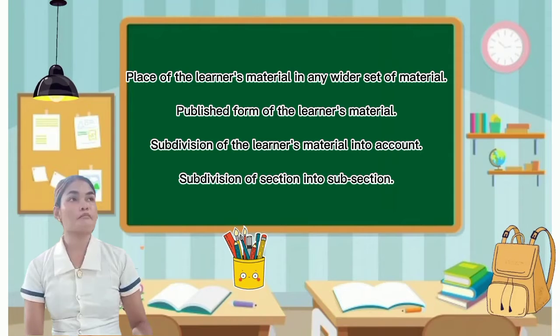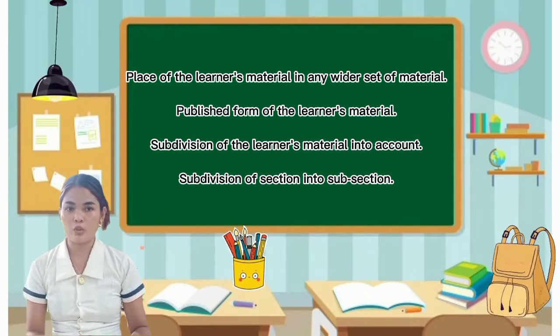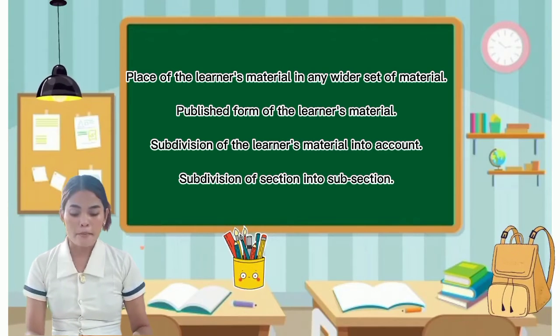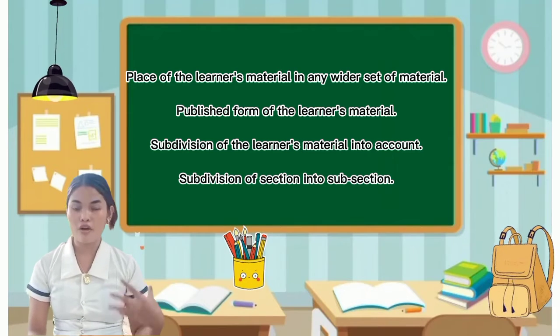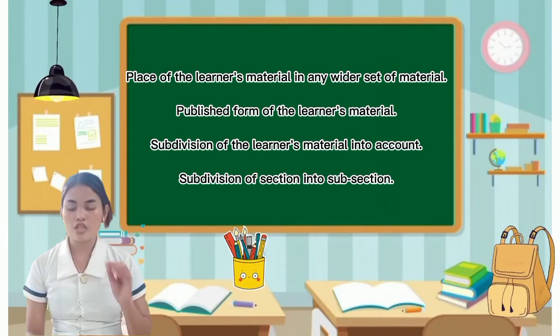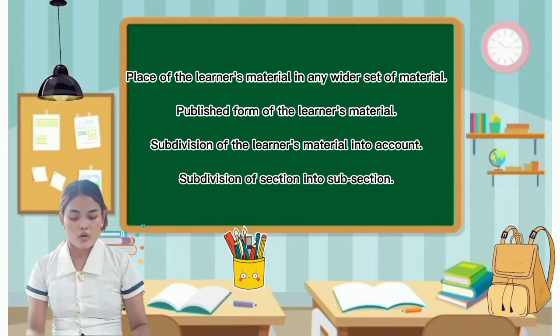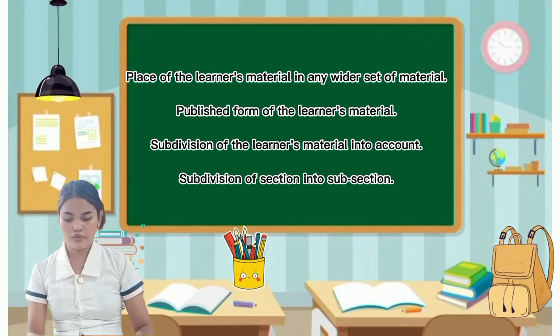The next subtopic is about the published form of learners' material, in which the learners' material is monolingual throughout. So the authors and writers of that specific book are expected to use only a single language, so that we can avoid confusion for the readers.